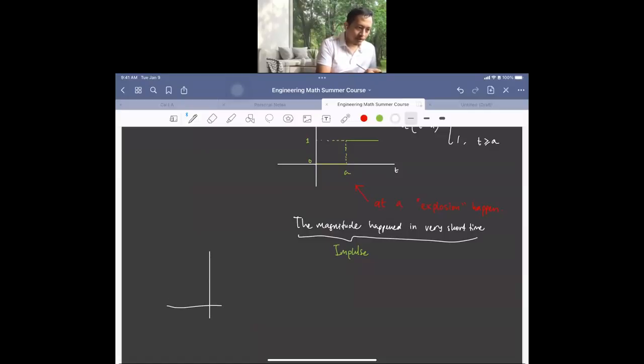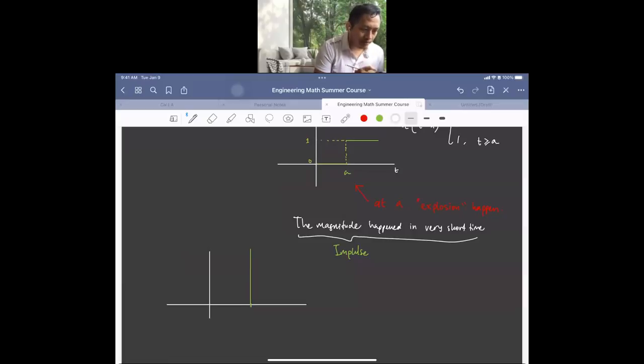So let's say at this point, as we said at a, it gives an infinitely large magnitude.